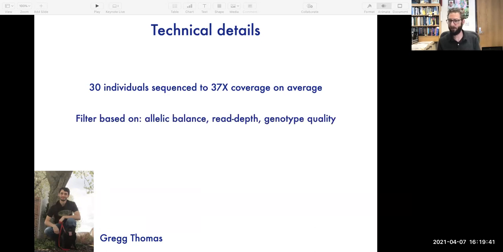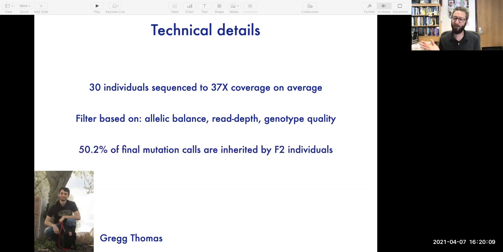We still had to filter based on lots of things. Allelic balance, so if they're truly heterozygous in the kids, it'll be about 50-50. Somatic mutations won't be at 50-50 unless they're happening in the very first few cell divisions of development. Filter on read depth, and genotype quality, so we can be sure about the absence of mutations in the parents and the presence of real mutations in the kids.